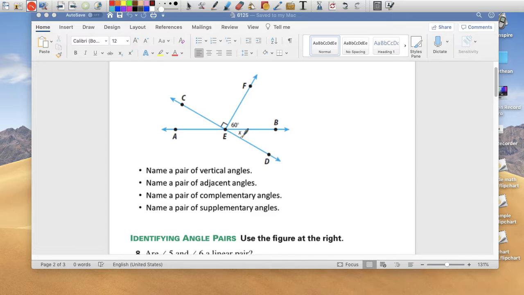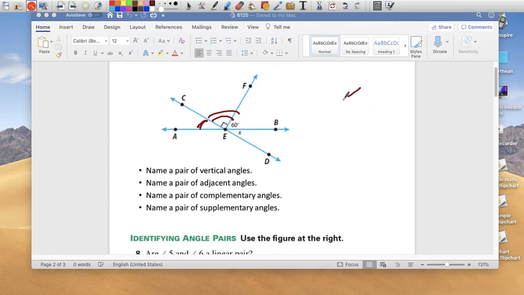So two adjacent angles would be just any two angles that are next to each other, right? And remember, adjacent angles share a line. So let's just pick this one and this one. They're side by side, and they share line C. So let's name that. Sorry, guys.